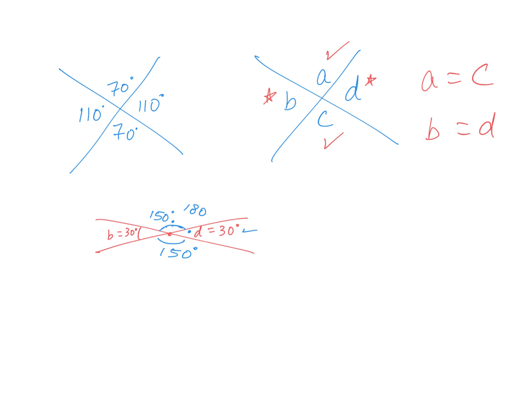So let's try a question. Let's say we have a diagram like this, a straight line, and another straight line. And this angle is E, this is D, this is C. And then we have this angle to be 90.